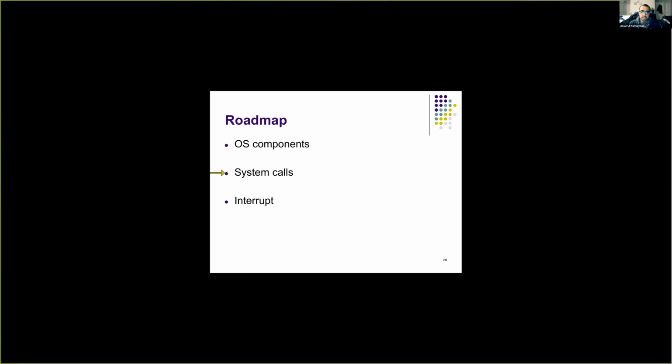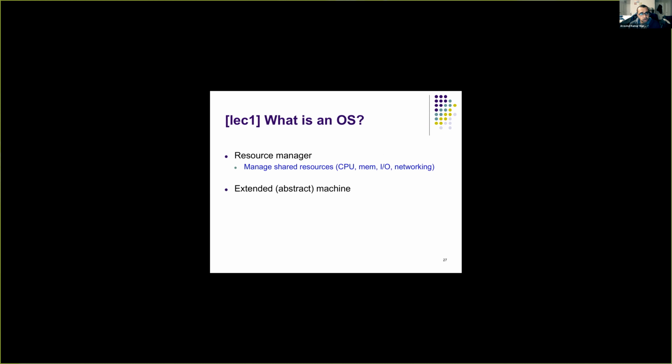So now let's look at system calls. If you remember in lecture 1, we said that the operating system has two main tasks. One is being a resource manager, and the second is providing an abstraction away from the hardware.